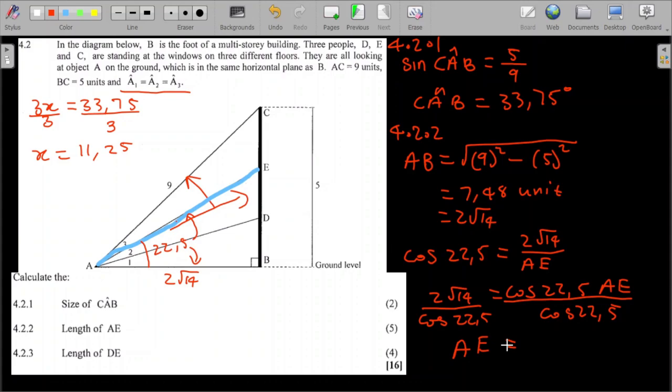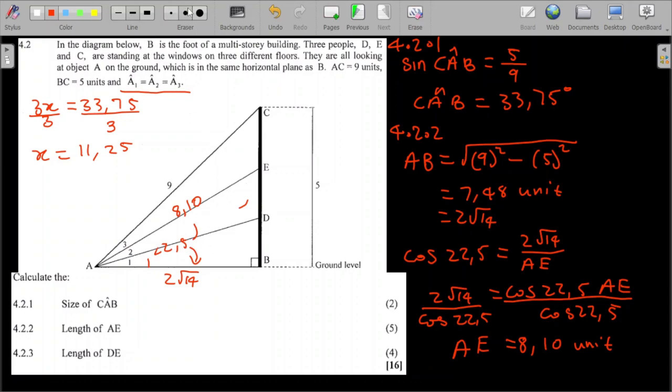So if I punch my calculator, so 2 square root of 14 all over cos of 22.5, my AE is going to be 8.10 unit. So let me find the space so that I can write it there. So my AE here is 8.10.